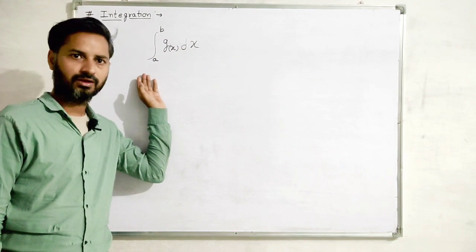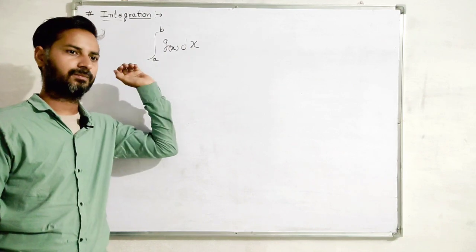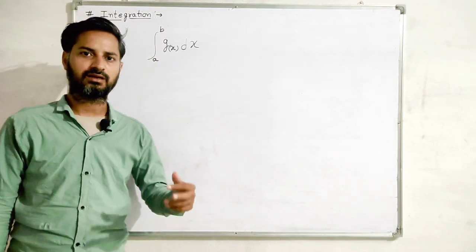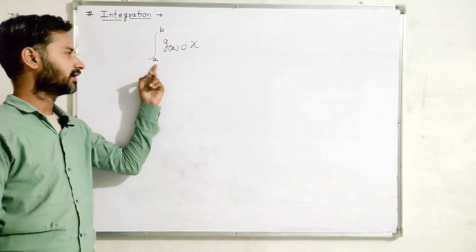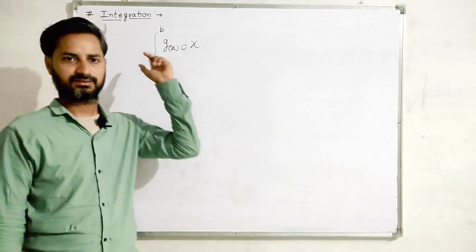Here a is called the lower limit, b is called the upper limit. If we change the limits, if we place b here and a here, then a minus sign will be added.